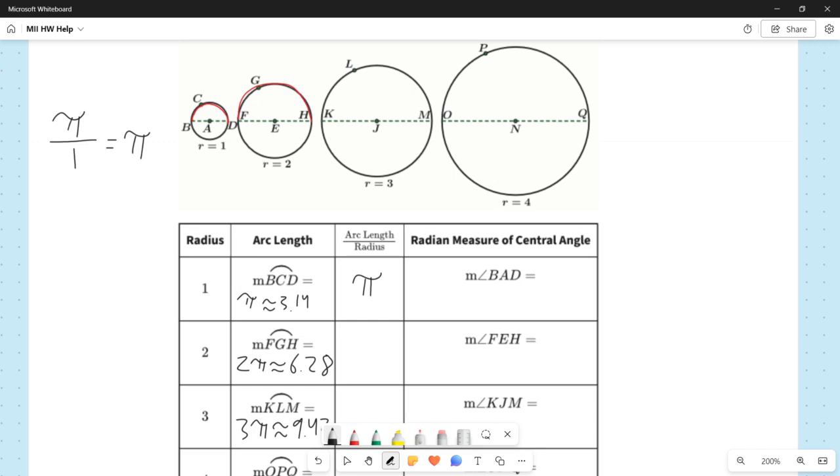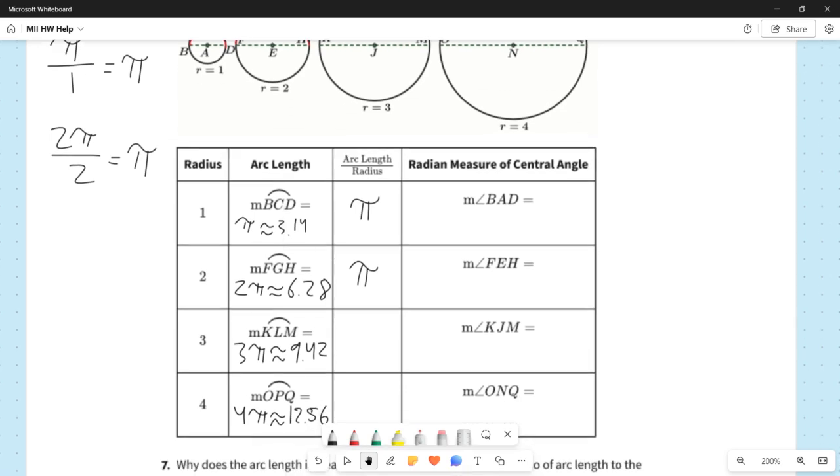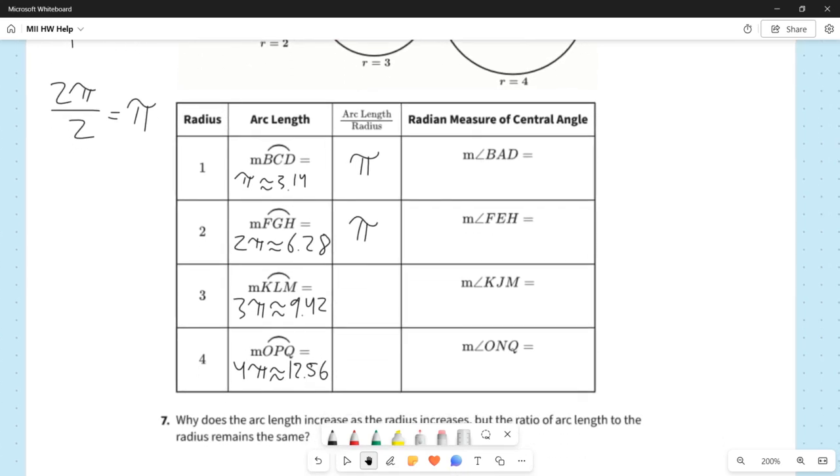Next, we have arc length of 2 pi, and our radius was 2. My 2's cancel, and so we are again left with pi. So that is the ratio of our arc length to radius. It's probably not that difficult to see that with the next one, we're going to get 3 pi over 3, which, spoiler alert, is pi.